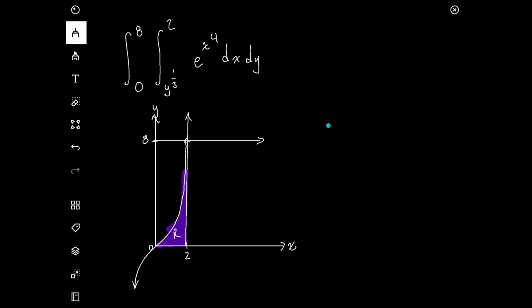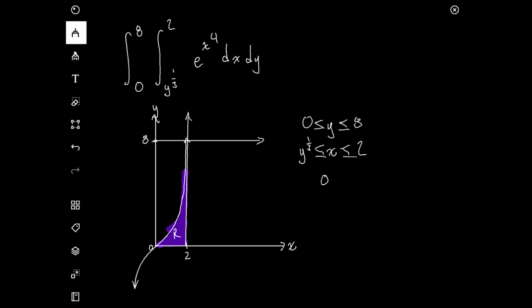In this case, we have y is less than or equal to 8, greater than or equal to 0, x is greater than or equal to y to the 1/3, less than or equal to 2.